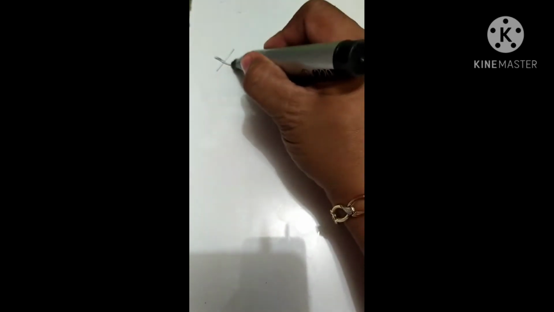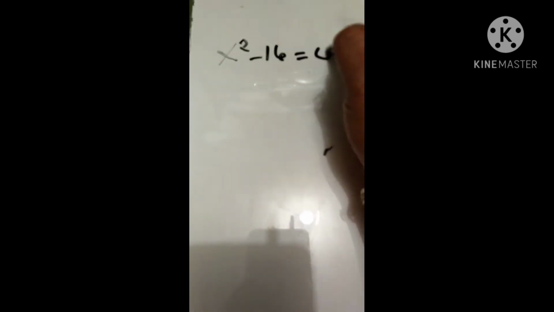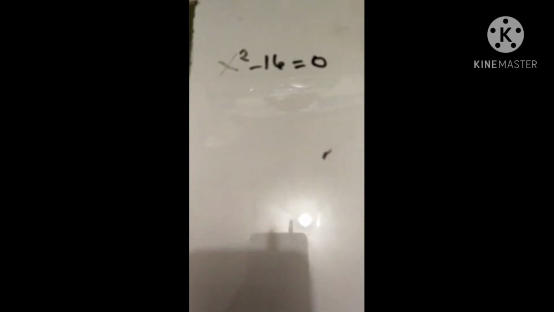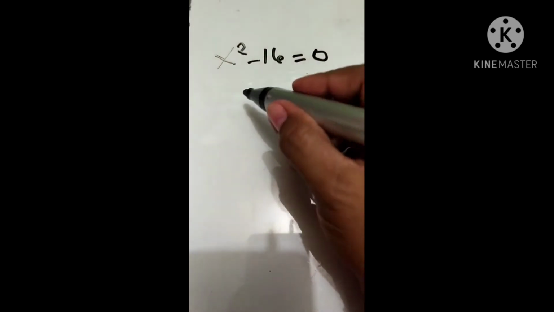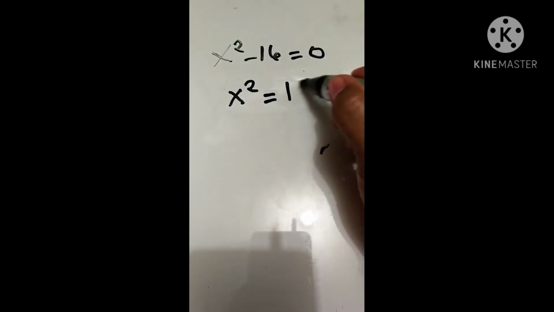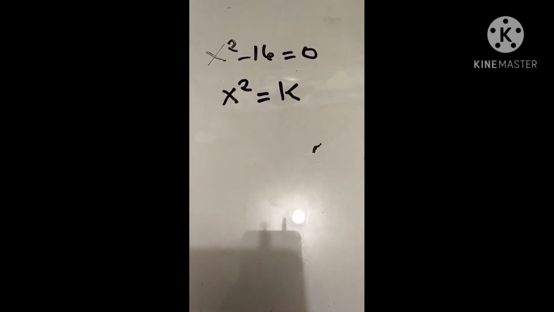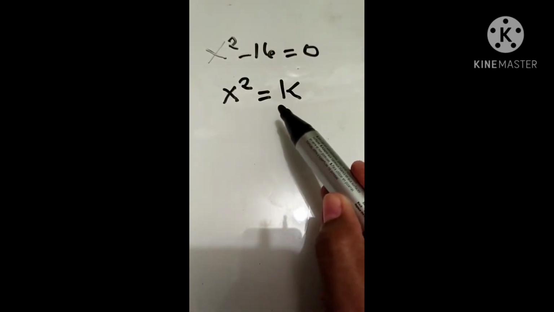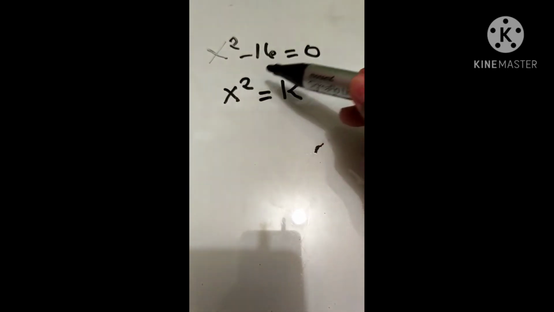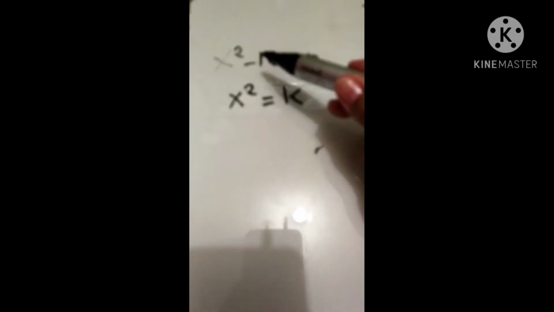Okay, I'm going to explain further about that example earlier. We have x squared minus 16 equals 0. I want this to become like this, because you can only use the property if it is in this form. So we're going to remove negative 16 here.